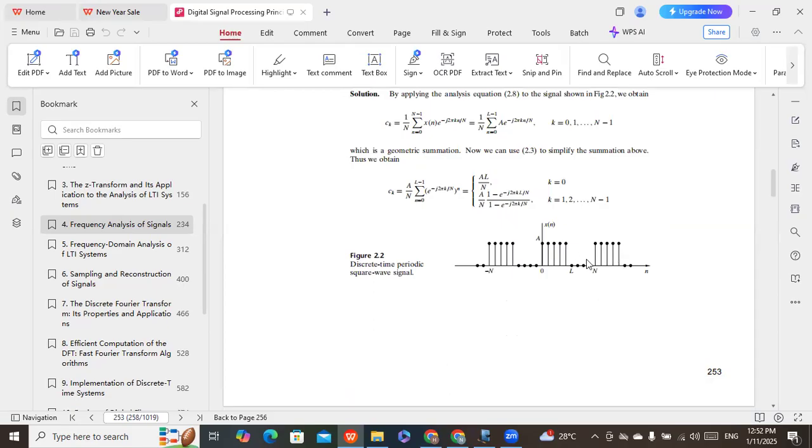We will take this kind of signal. Just try to understand this one. This is not much difficult. This is very easy. Then you can do any calculation.